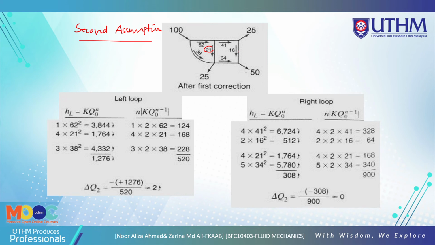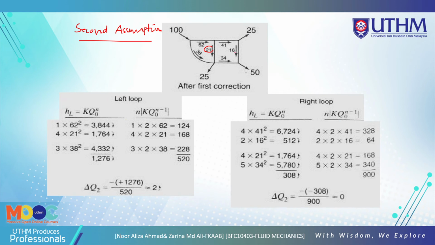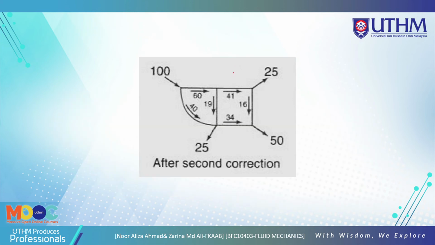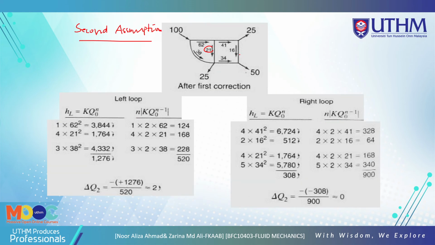This pipe here is 25, anti-clockwise, and it is also negative, so 25 minus 9 gives 16.